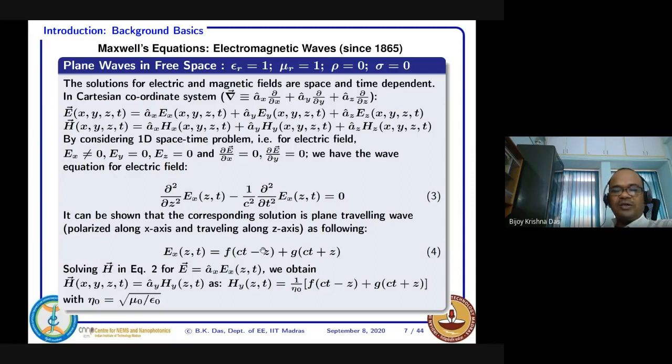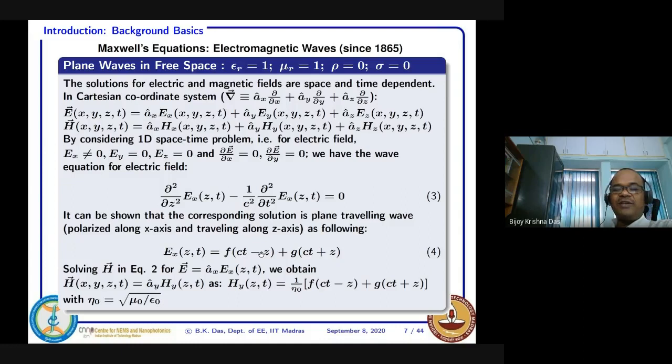You can try that: consider this as a solution, replace it here, and you will find that it can be a solution. You can also find the other can be a solution too. It can be any function, any form, as long as it is a function of ct minus z or ct plus z.